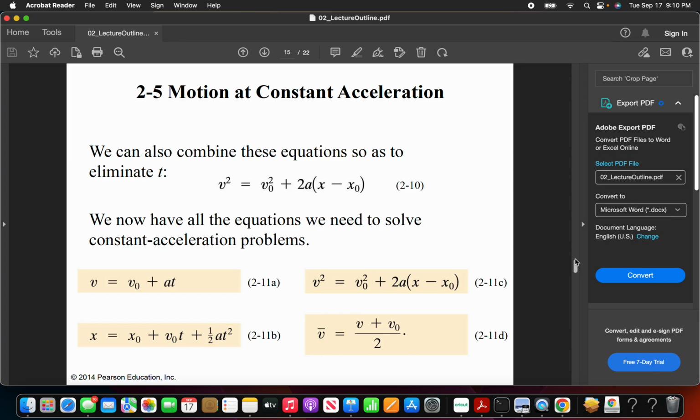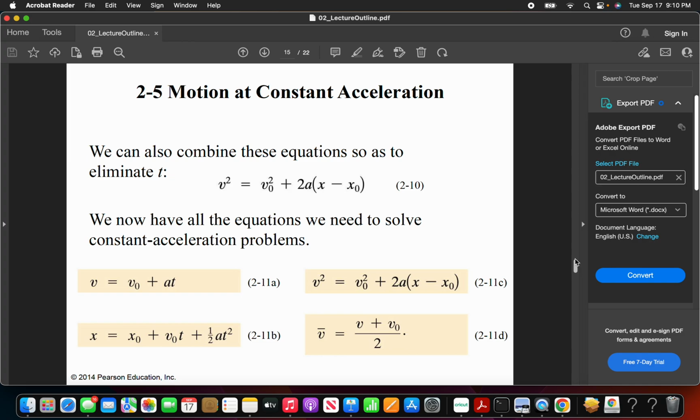We're going to be using that quite a bit in chapter 4 when we start talking about projectile motion, and how things like a missile or a football or any kind of projectile, a javelin, anything that you throw, move. That equation is going to be very useful. And so that equation 2-11b is very useful.